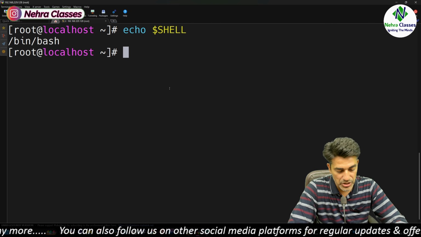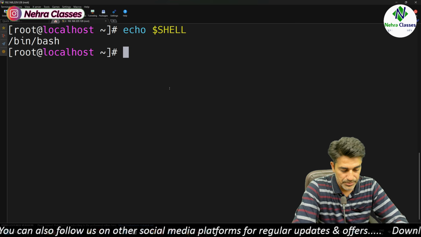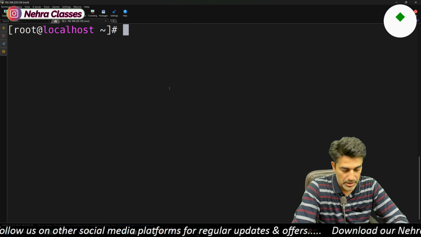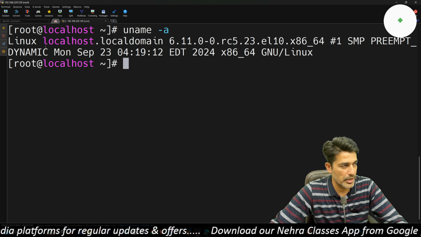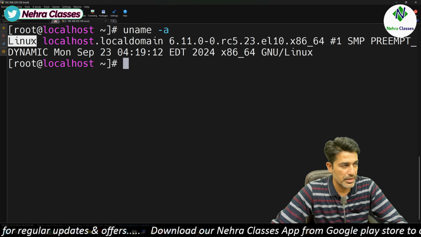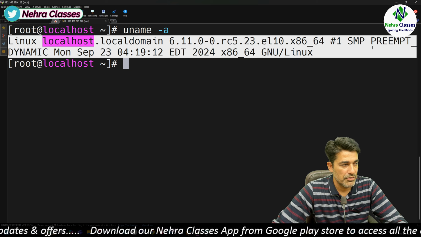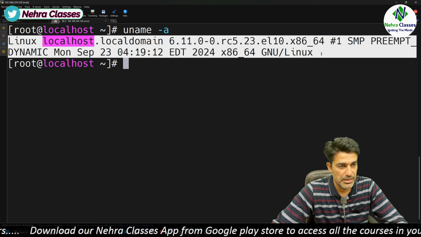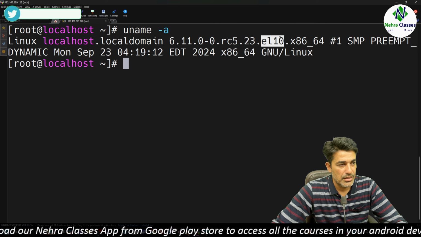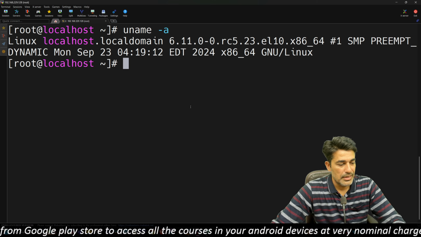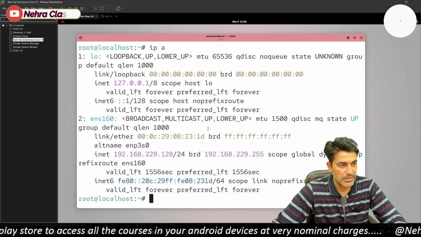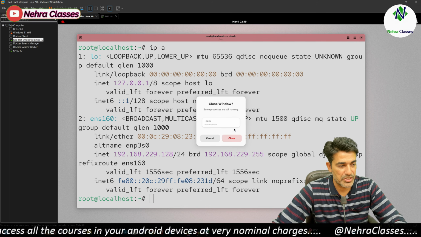We are using the bash shell. Let me show you the uname -a command output. We are using the Linux machine, which is running on RHEL 10. The kernel version is 6.11. It is the same machine which is running here in the VMware Workstation.